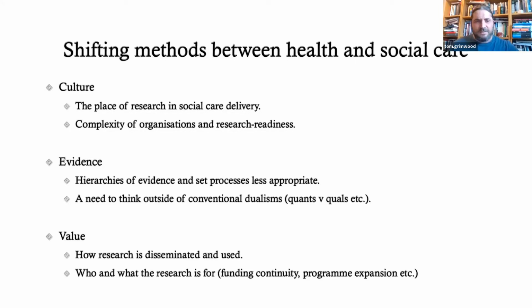I also just mentioned the complexity of organisations. We did a piece of work for the NIHR in the Northwest on the research readiness of social care organisations. We did a big scoping review of all the organisations.